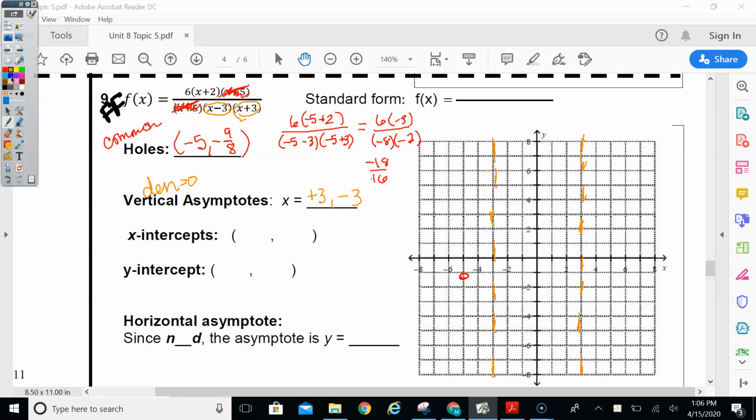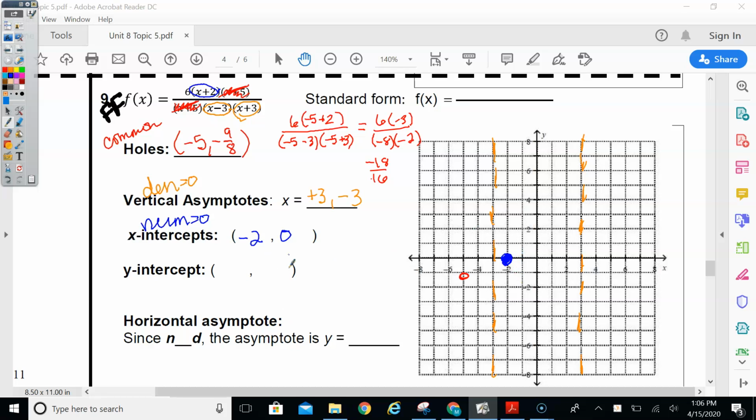And x-intercepts, whatever's left over in the numerator, equal to 0. So again, we don't care about the 6 in the front because that one really doesn't make any difference. So we just want the factor part. X plus 2, so -2, 0. Is your x-intercept, closed dot there.